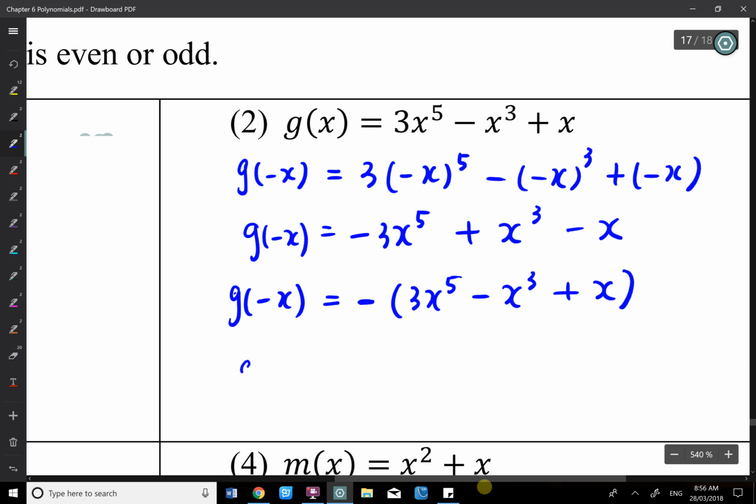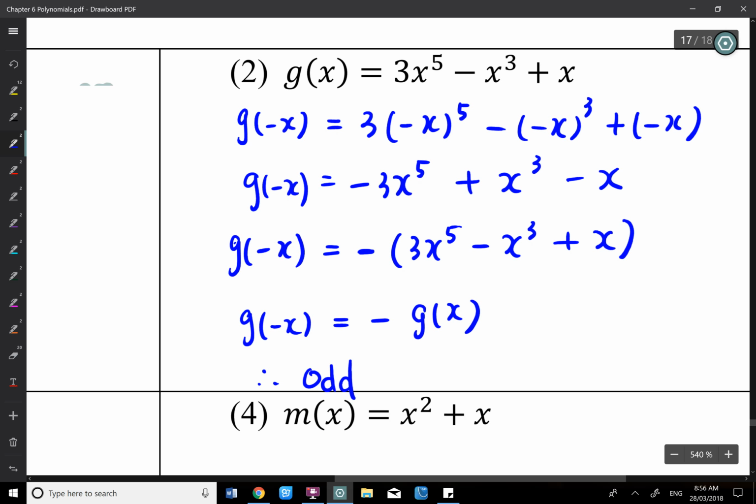So I can see g(negative x) equals negative g(x). So this is an odd function. It's symmetrical about the origin.